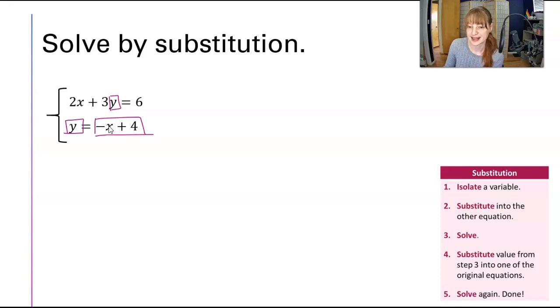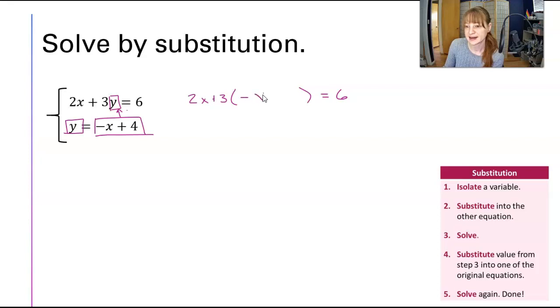This equation tells us that. So this whole -x + 4 equals y. And we should be able to interchange any of these y values, right? So I'm going to take this value and put it in this little box right there. I get 2x plus 3. I leave a space for that box, equals 6.